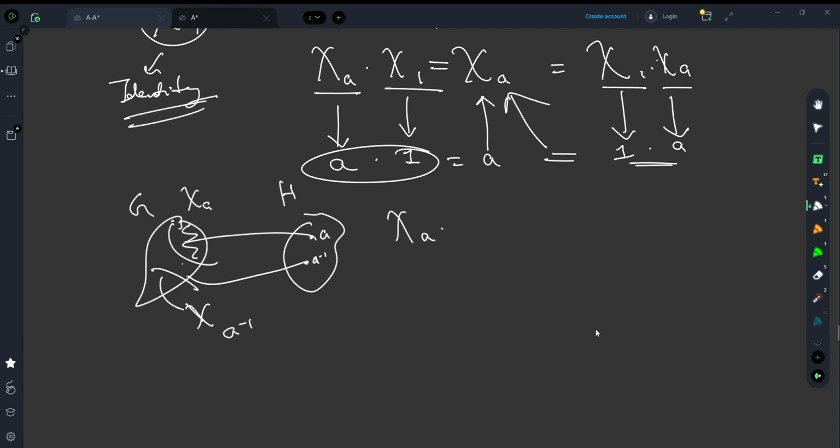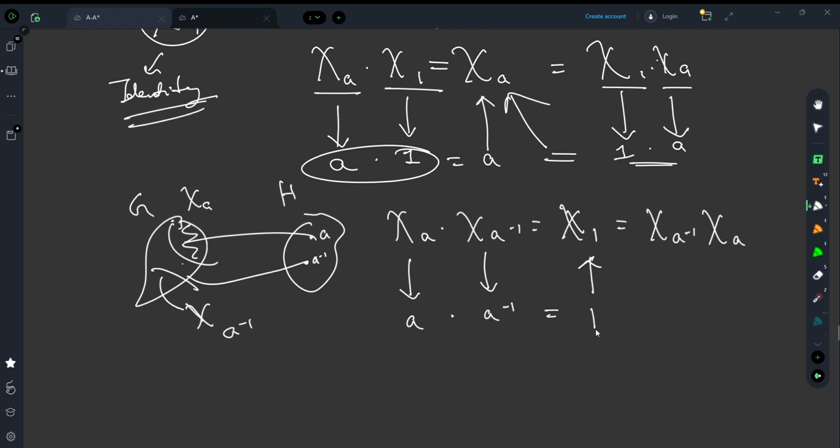So what is chi of A dot chi of A inverse? Simply what we do, we project chi of A to A, we project chi of A inverse to A inverse. We compose them up to get 1. But 1 when brought back, it's chi of 1. Chi of 1 was the identity. And I guess you will have already understood it will happen if I place chi of A inverse first, right?